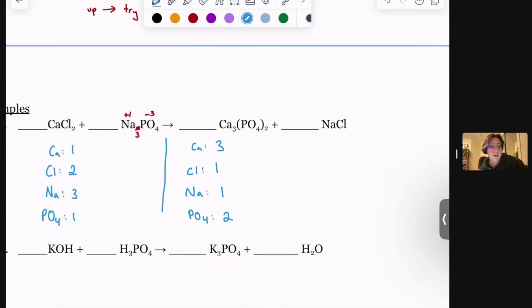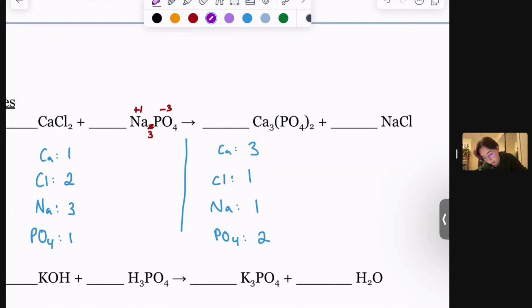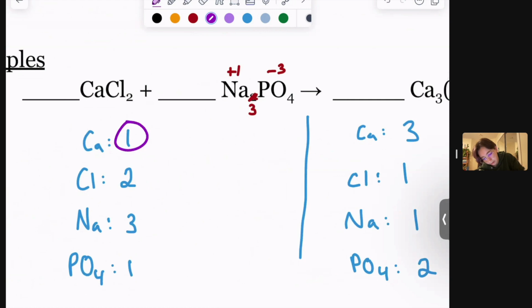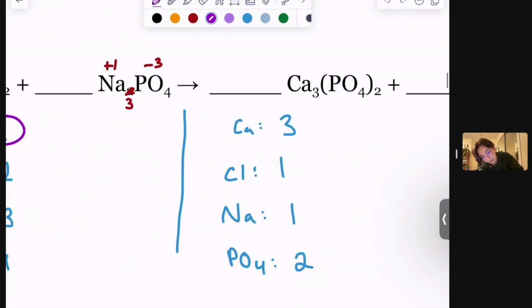So you look at the right side and the left side, and any numbers that aren't matching up, you're going to try to fix them. Just pick one to start with. Let's do calcium. It's at the top. Why not, right? I need to make this 1 into a 3. I want to make those match.